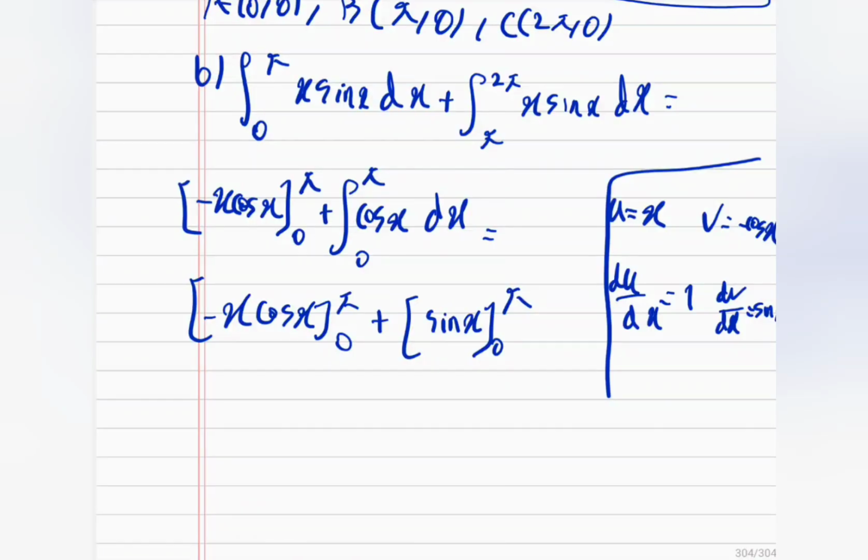So and also if we just solve the second integral, which is between pi and 2 pi, we'll get exactly the same answer. So it's just going to be basically, well, let me write that here. So for pi and 2 pi, we'll get the same answers obviously, so minus x cos x.